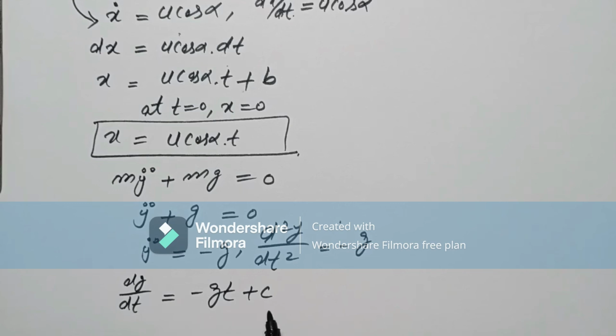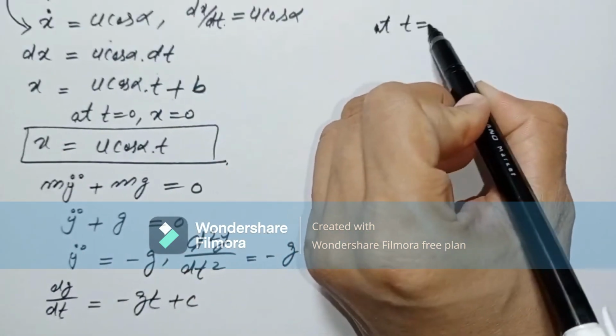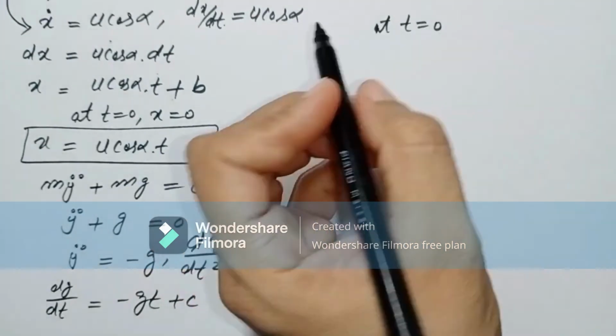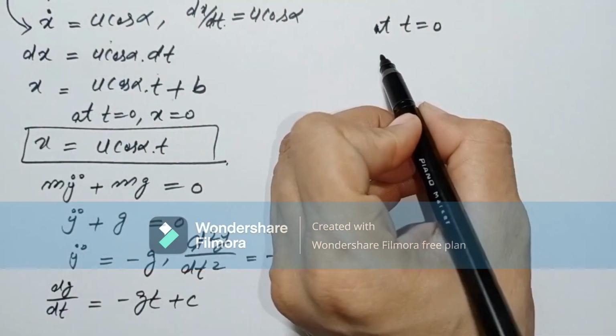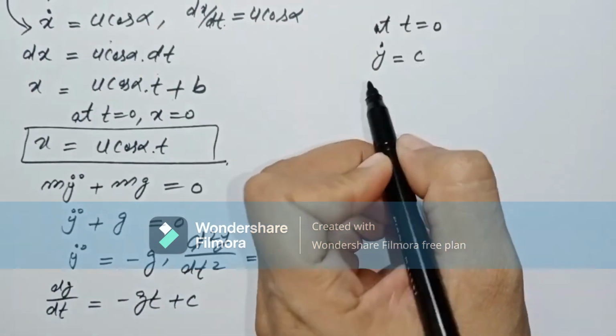We can find the value of c from the initial conditions at t equals 0. At t equals 0, dy over dt, which is y dot, will equal c.